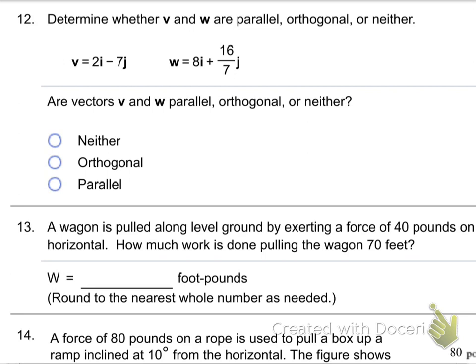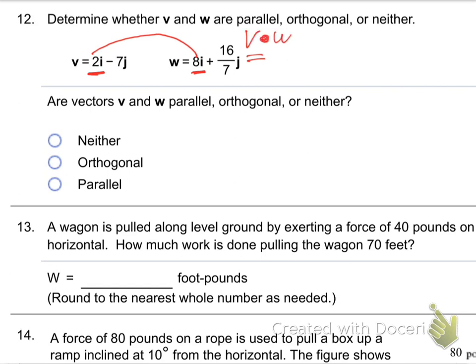Any conclusions? Okay, let's try the first test for orthogonal. I times I. 2 times 8 is 16. I'm doing the dot product right now, right?